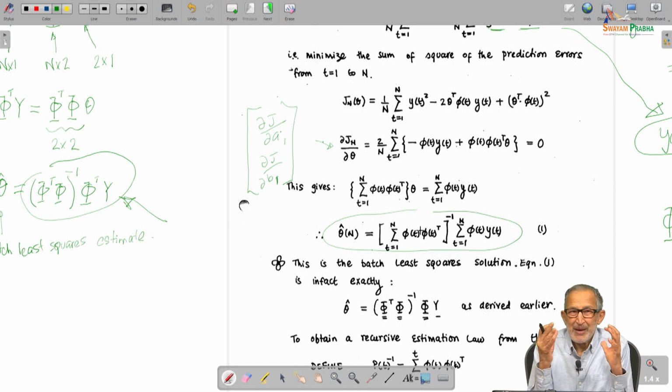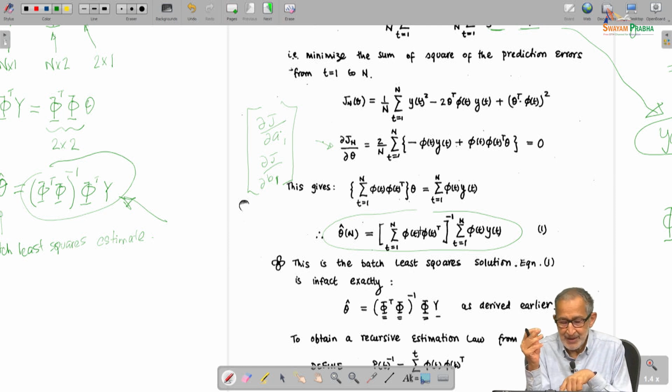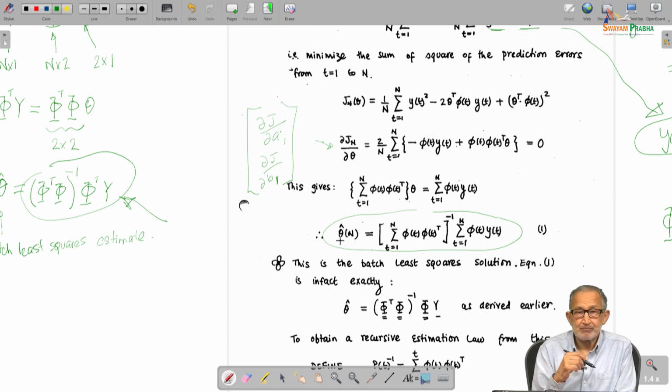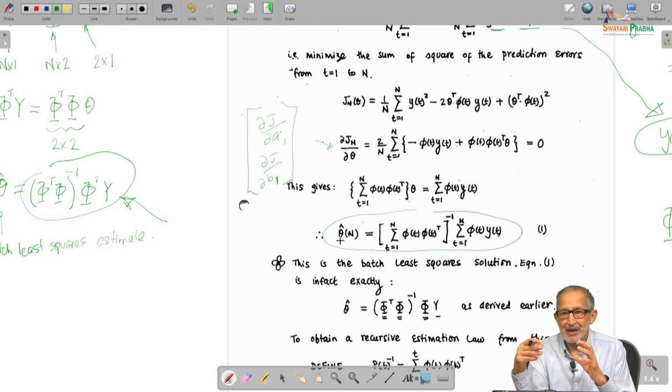what do we mean by batch least squares? You've collected n observations, capital N observations, and you obtained an estimate of theta. But what if you have only 200, 300 observations and you're collecting data online, and you want to continue to update your model as you collect more and more data?